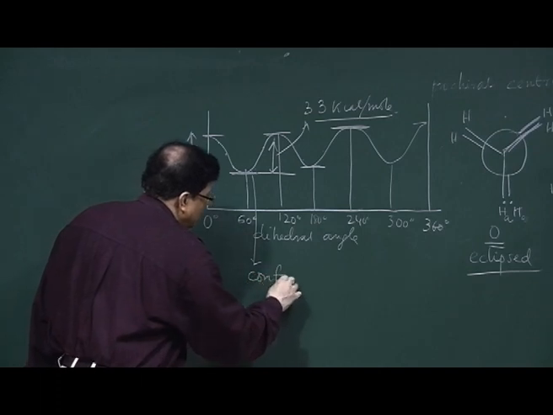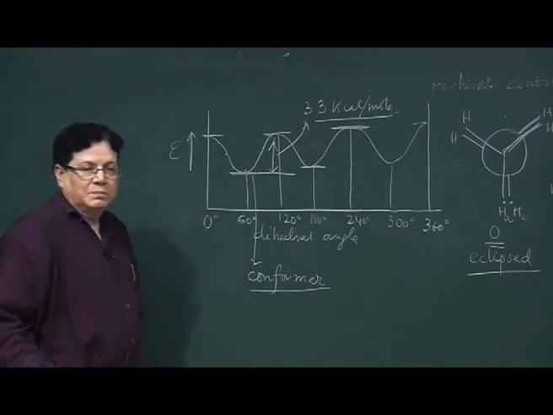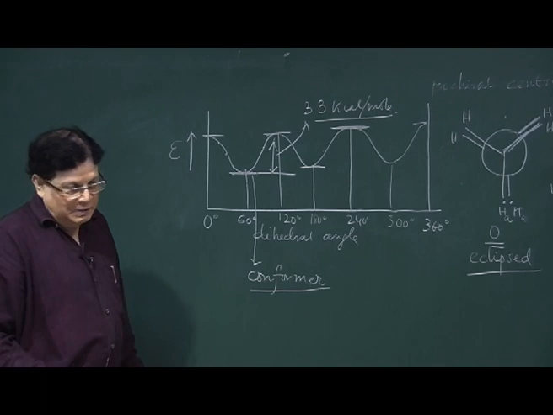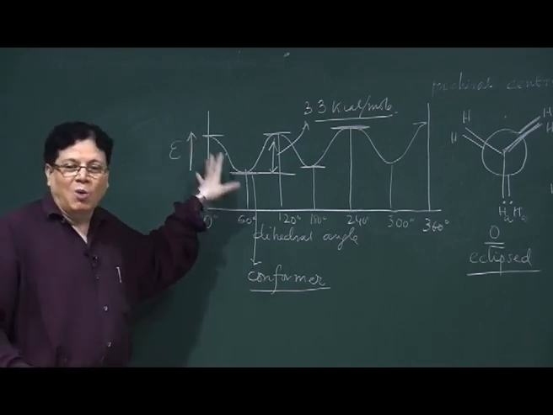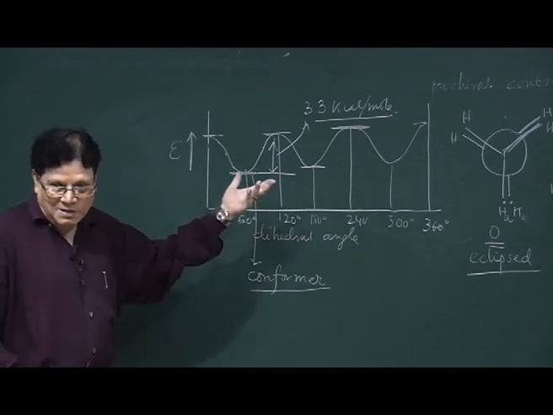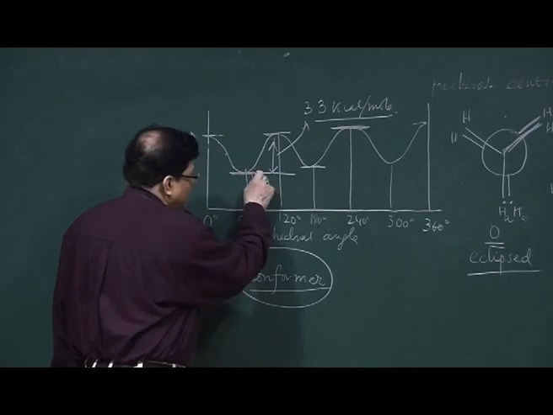So, we have a special term, conformer. Conformers are the ones which lie in the energy minima, but the conformations are all, every point in this diagram represents a conformation. Okay. But the conformers are the ones which lie in the minima.